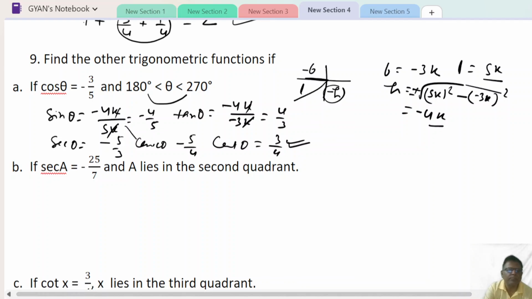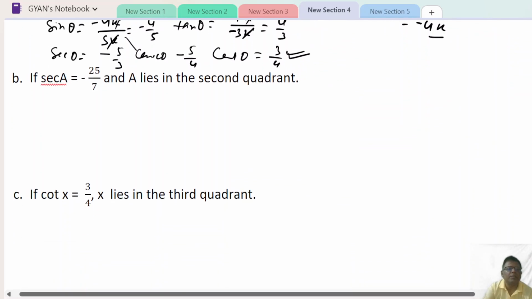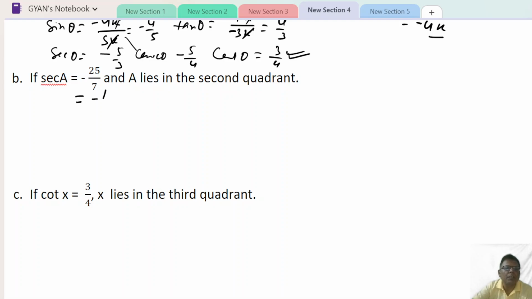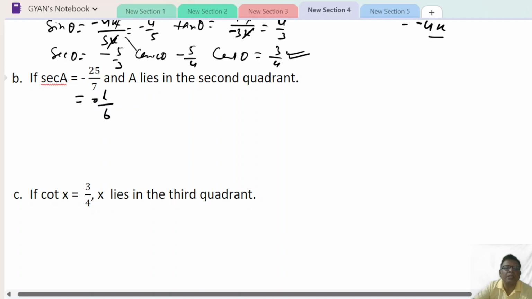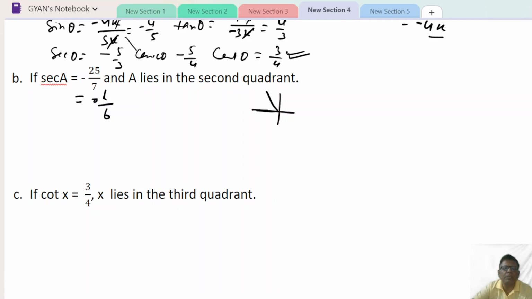Now come to part B. Sec A is minus 25 by 7. We know sec is hypotenuse by base. It is negative and A lies in the second quadrant. In the second quadrant, base is negative but height is positive.